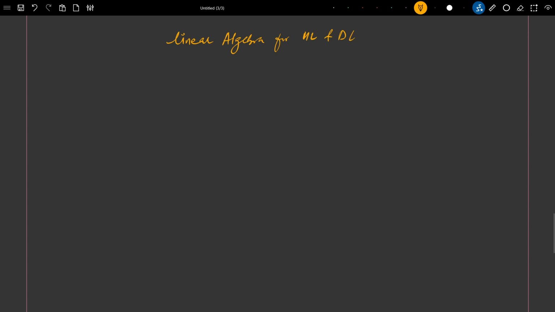However, in linear algebra, in a given system of equations, there could be many equations, and similarly, we could have many unknowns in each equation.